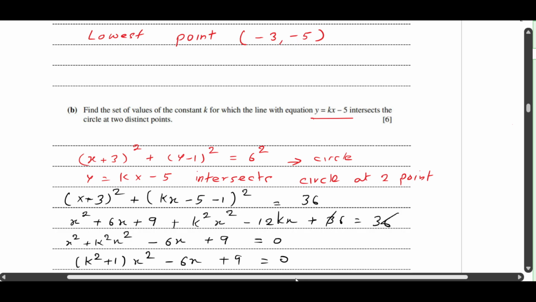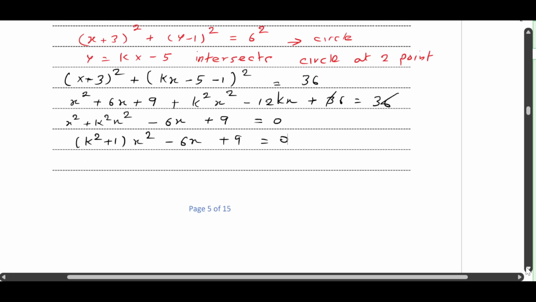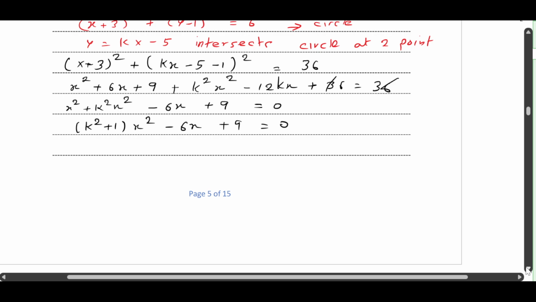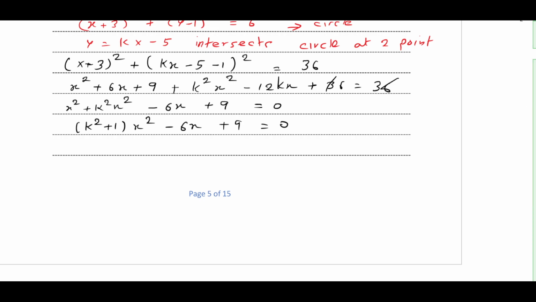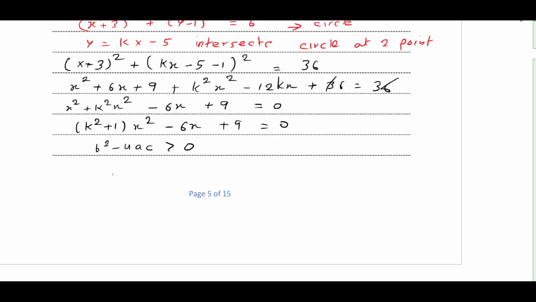Now, as the line intersects the circle at 2 points, this shows that I have two solutions. As I have two solutions, b square minus 4ac is going to be greater than 0. Here your discriminant must be greater than 0. b is minus 6, so minus 6 square is 36 minus 4 times a, which is k square plus 1, and c is 9.